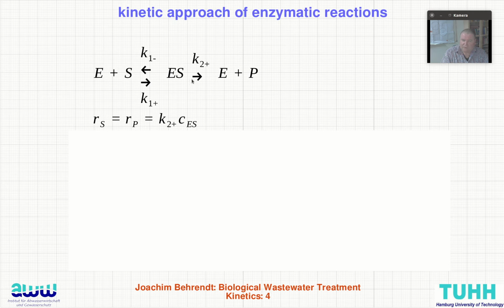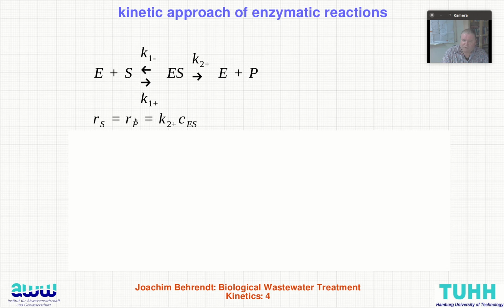And as we see, if this is irreversible, then the reaction rate of the product formation due to chemical reaction kinetics we can express with this equation. These speed constants are multiplied with the concentration of the educts. And in our case, the product formation is the same as the substrate uptake rate.